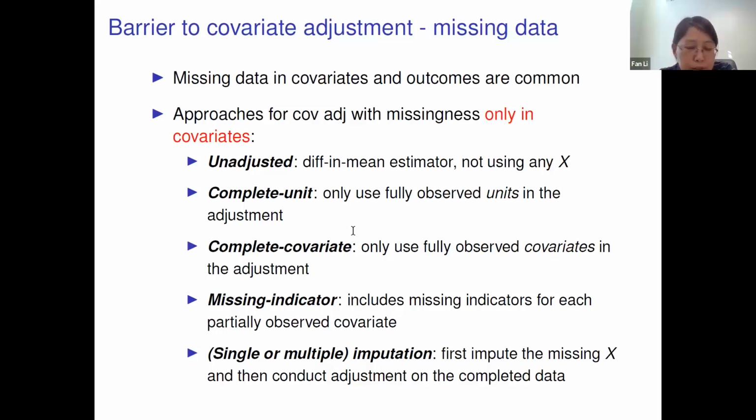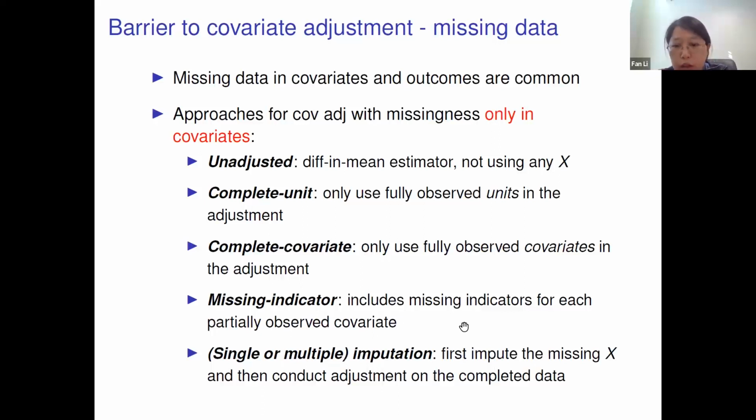Again, this seems very restricted. Another approach is called missing indicator. It basically includes the missing indicators for each partially observed covariate as additional covariates in the study. We're going to talk about this approach a little later, and it turned out to be very important. Another approach is imputation, either single imputation or multiple imputation.